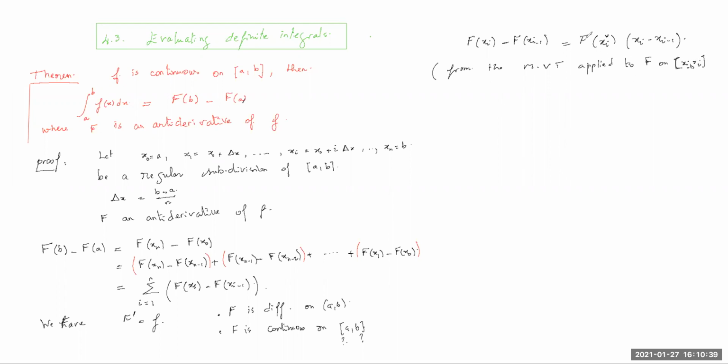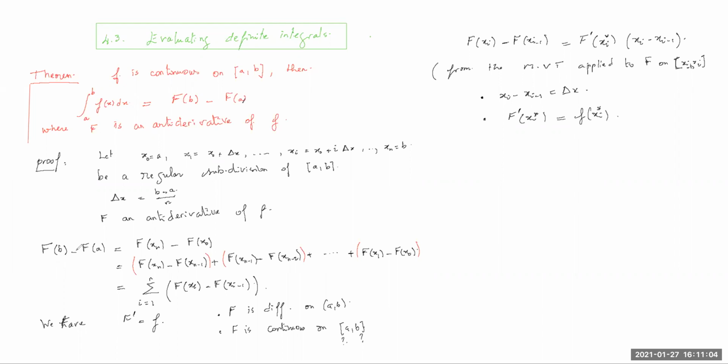Now we will rewrite these quantities. First, we note that x_i minus x_{i-1} is just delta x. Now, what is F prime at x_i star? Because F prime is f, it is just f of x_i star.